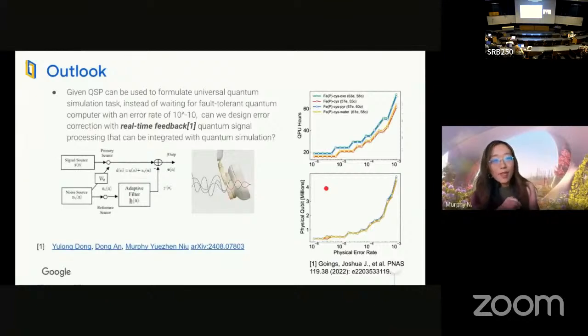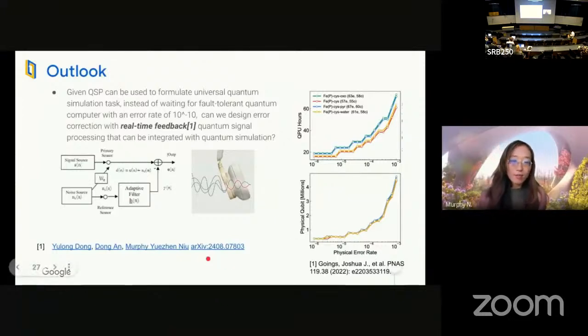And given that quantum signal processing can be used to realize any universal quantum computing task, instead of waiting for a fault-tolerant quantum computer to arrive, which already have close to 0 errors, can we design error correction with real-time feedback using quantum signal processing that integrate with our quantum metrology algorithm?